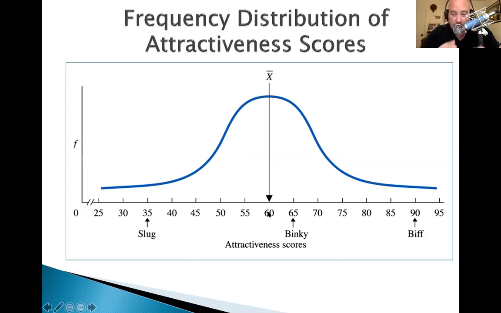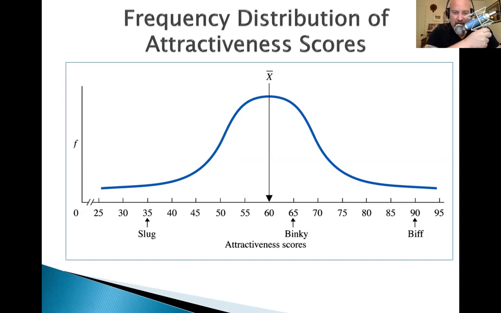So on a 100-point scale, how attractive are these three individuals, Slug, Binky, and Biff? The average attractiveness score is about 60, which we could bring down to a 10-point scale: a 6 out of 10. So we're going to be objectifying some imaginary people here.